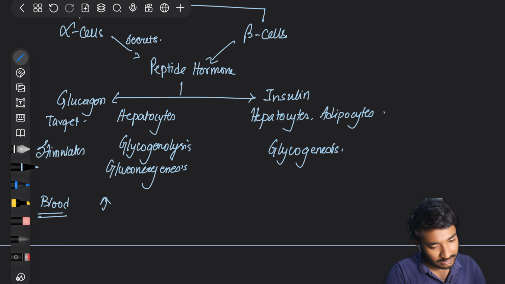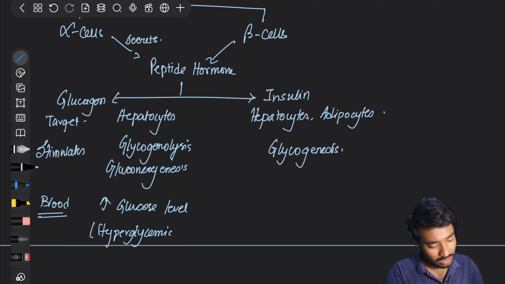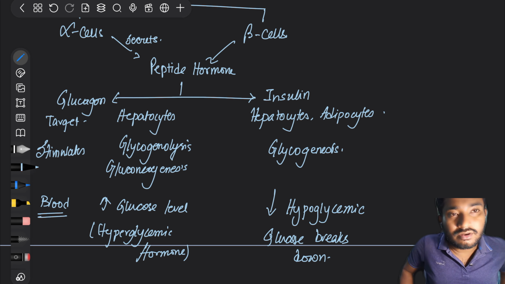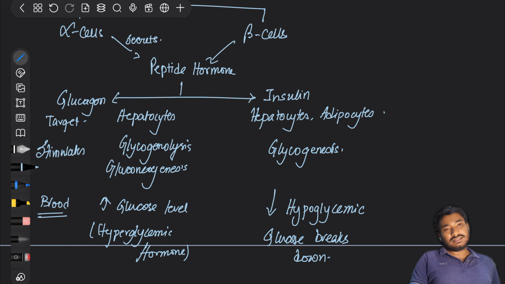Glucagon increases the glucose level, so it is often called a hyperglycemic hormone. And insulin is hypoglycemic, it breaks down glucose. So glucagon is hyperglycemic, while insulin is hypoglycemic.